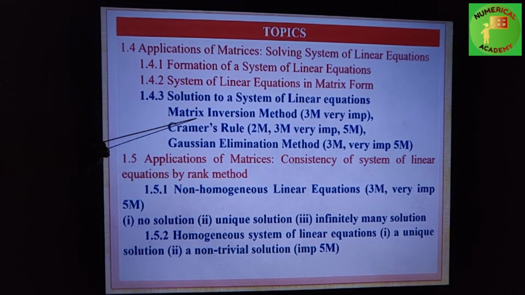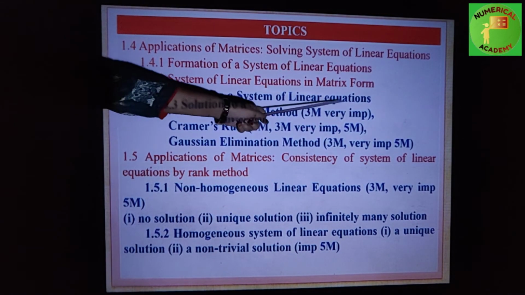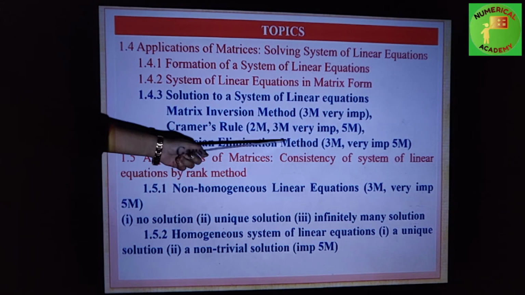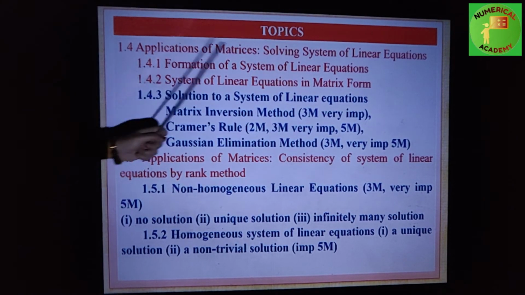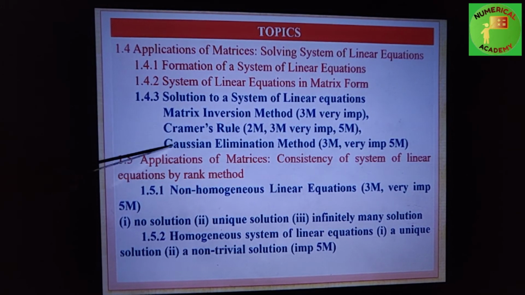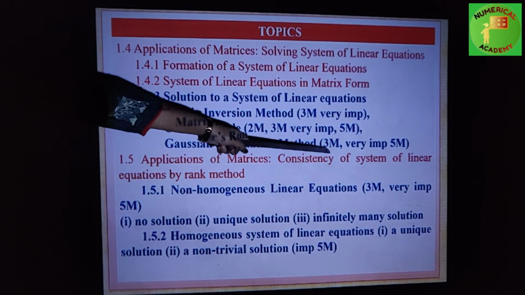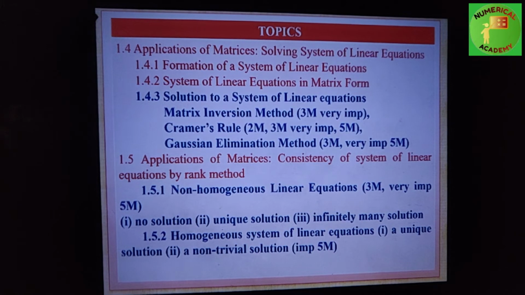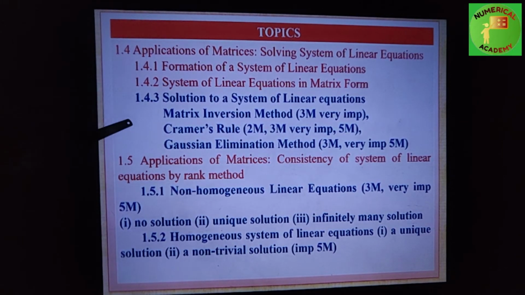The matrix inversion method is a very important 3-mark question, and Cramer's rule is 2 marks, 3 marks, very important, and it also comes as 5 marks. Then the Gaussian elimination method is a 3-mark question and also a very important 5-mark question. So in 1.4, you have to mainly concentrate on 1.4.3.